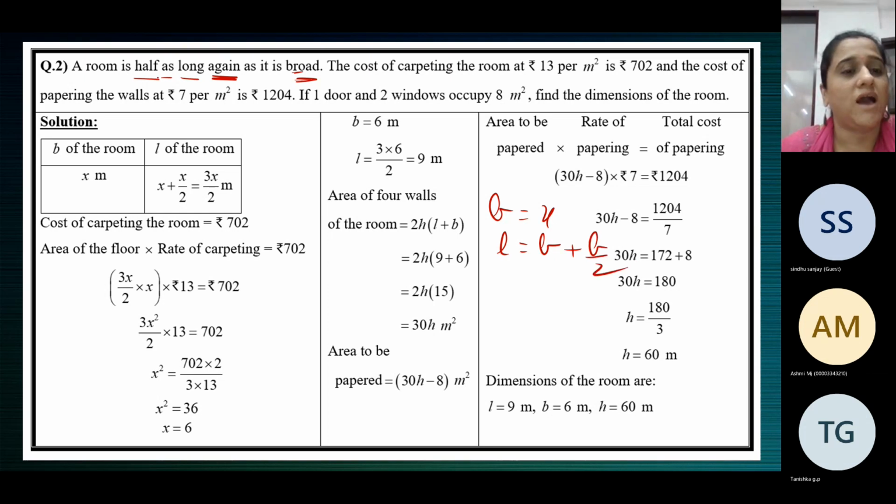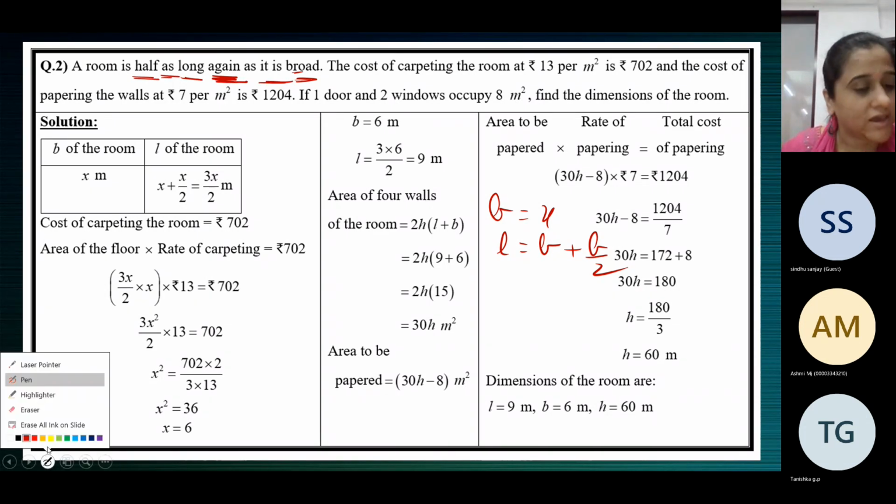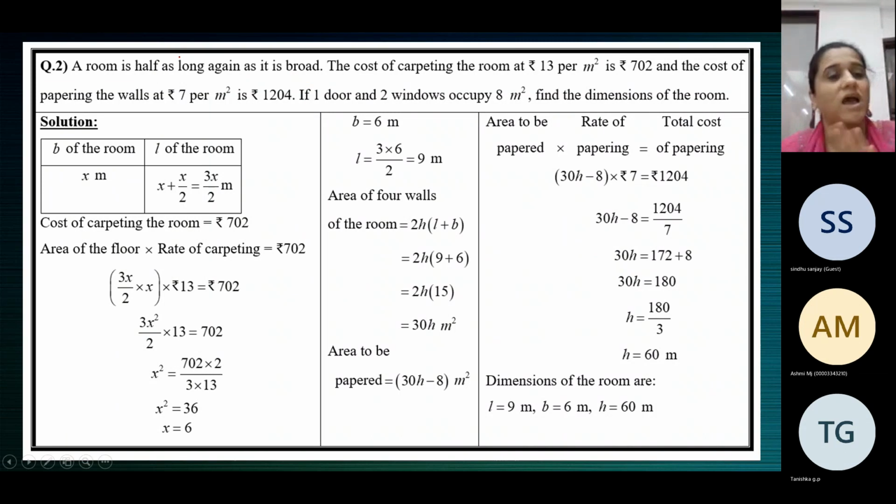That is what is meant by half as long again as it is broad. It's not half the breadth. If the length were half of the breadth, then L would be equal to b by 2.